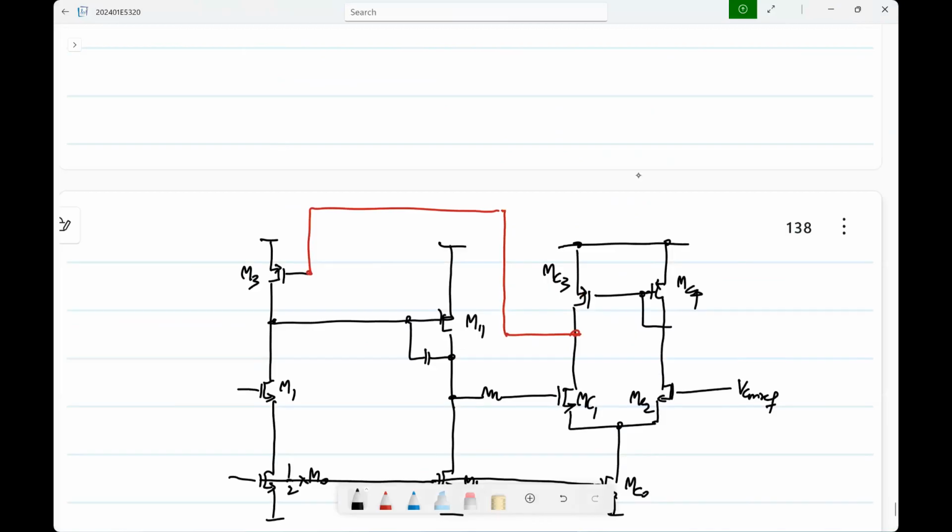Okay, is that how it is? Drain of MC3 to gate of MC1. Yeah, basically it will be here. It will be from here to the output. Okay. So if you think of this as the first stage, this as the second stage, and this as third stage, basically it will be across the second and third stages.